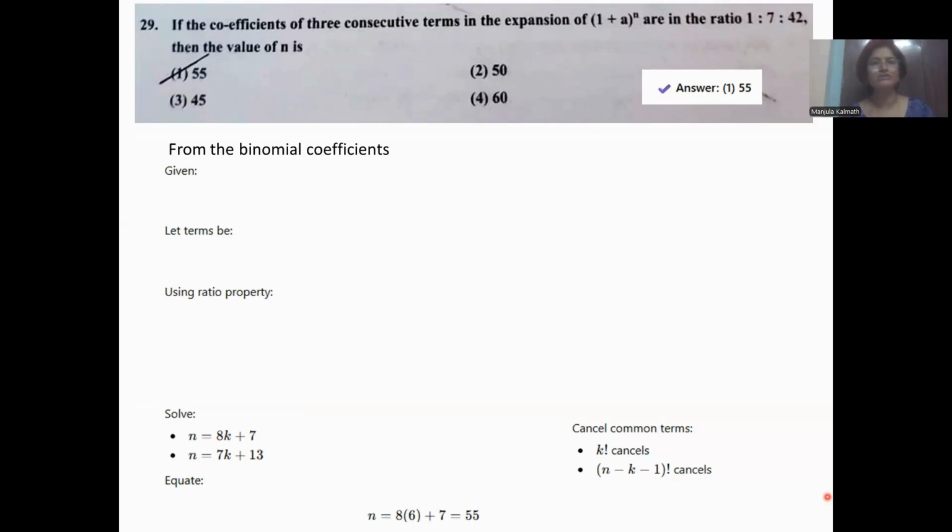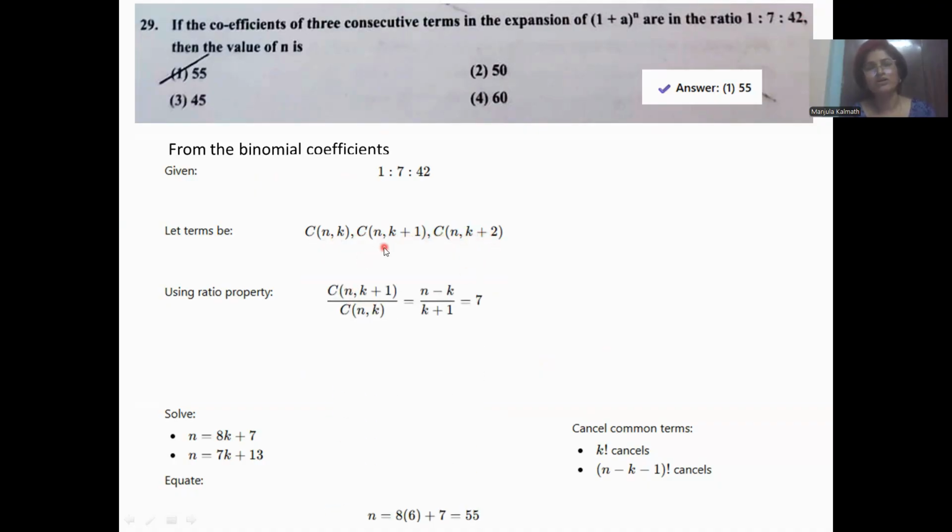Then the next question is, if the coefficients of 3 consecutive terms in the expansion of (1 plus a) raised to n are given in the ratio 1 is to 7 is to 42, then the value of n is. Now given the ratio is 1 is to 7 is to 42, here we have binomial coefficients. The binomial coefficient series C(n,k), C(n,k+1), C(n,k+2).